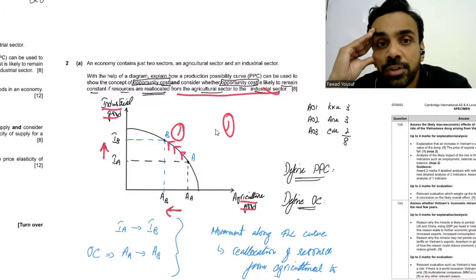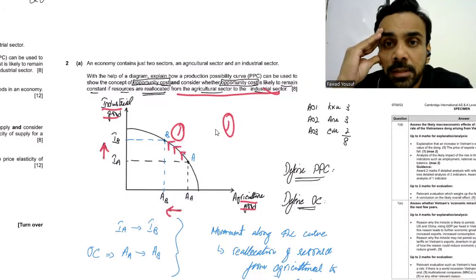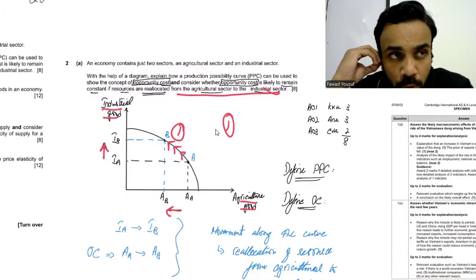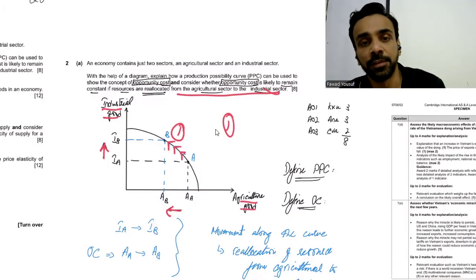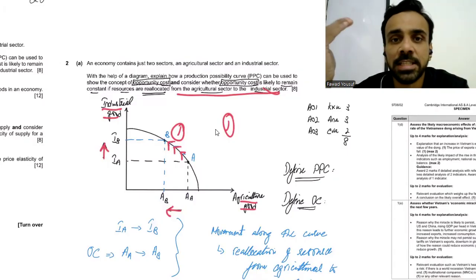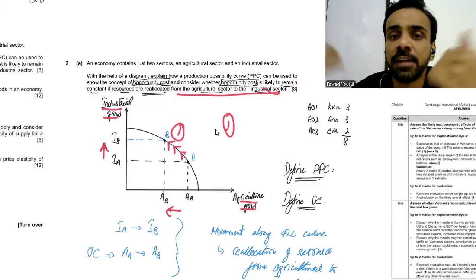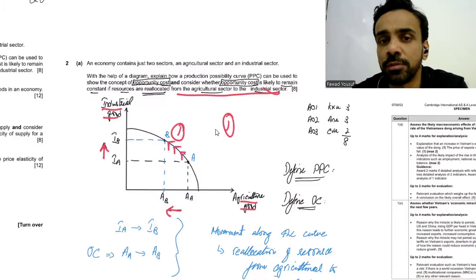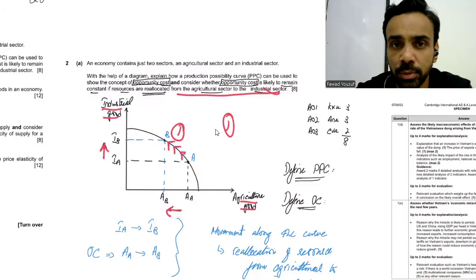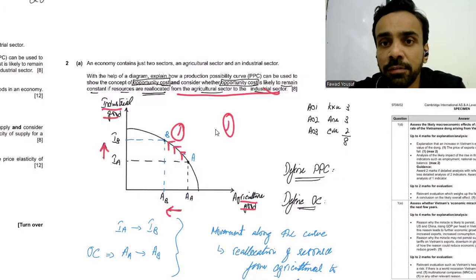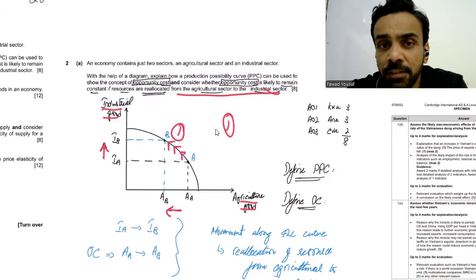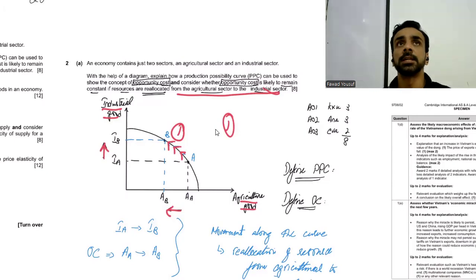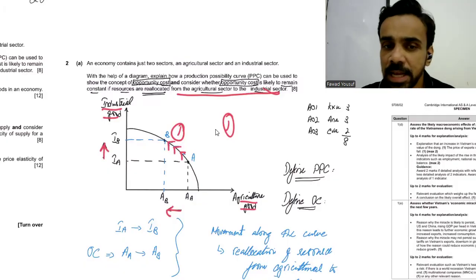Yeah, in evaluation you definitely could; that would actually be an evaluative point. If you have talked about the constant and the increasing in the analysis, then in evaluation those sorts of discussions would be valid to do. It depends on whether the economy is more on the industrial side, or even the fact that resource mobility is there or not.